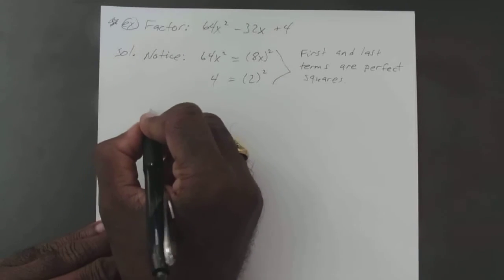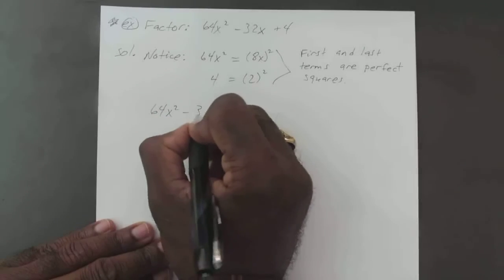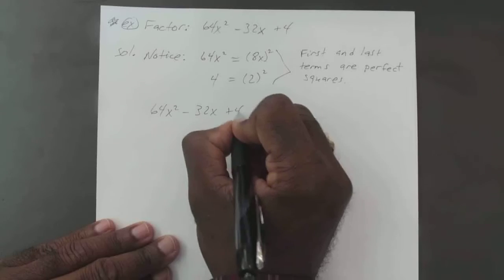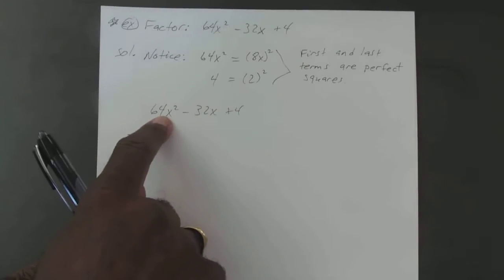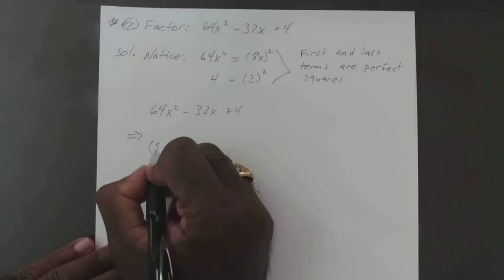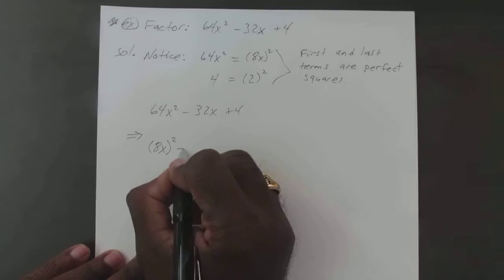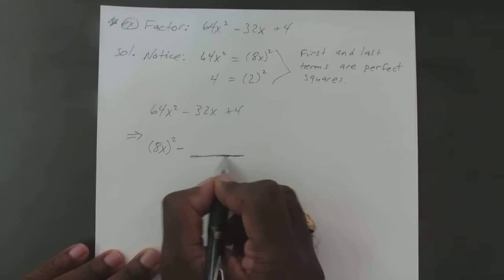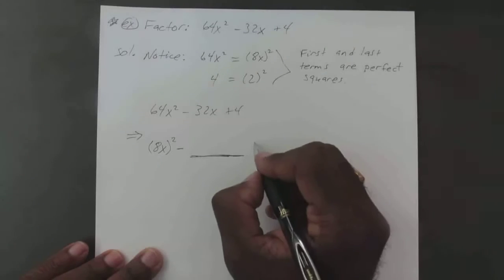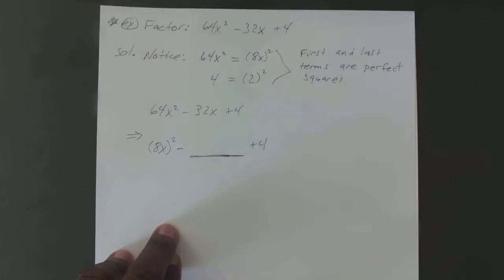Okay, so we have our 64x squared minus 32x plus 4. We can just rewrite that. Instead of 64x squared, make that 8x squared. Leave that middle term alone for now, because we still have to kind of experiment with that one. And you have plus 4. Okay.